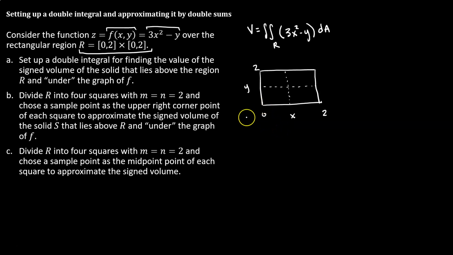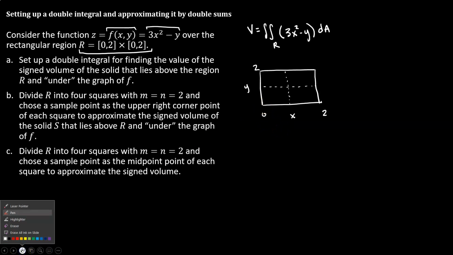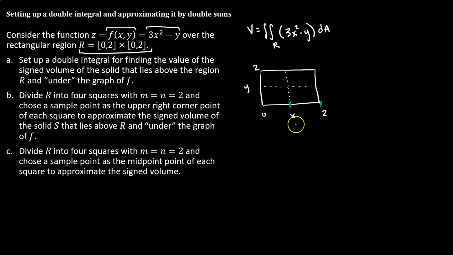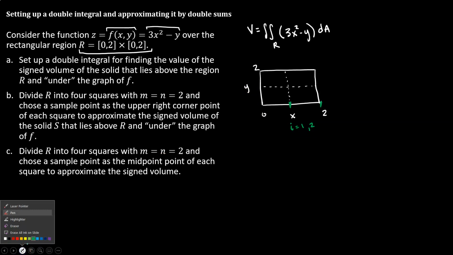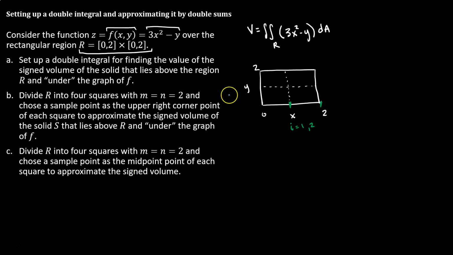So when we make our partition with x, we're indexing over i, so i can be 1 or 2. And then for y, we can index over a different letter. Let's use j. So j would go from 1 to 2 as well.